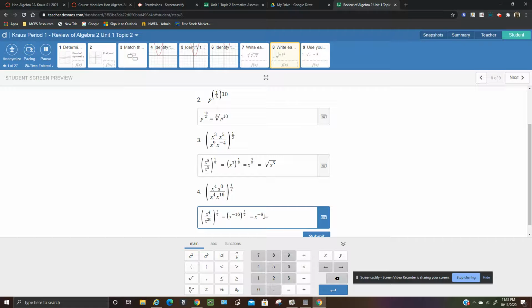So there's a problem here. This can't be a radical, but you can write it 1 over x to the 8th.